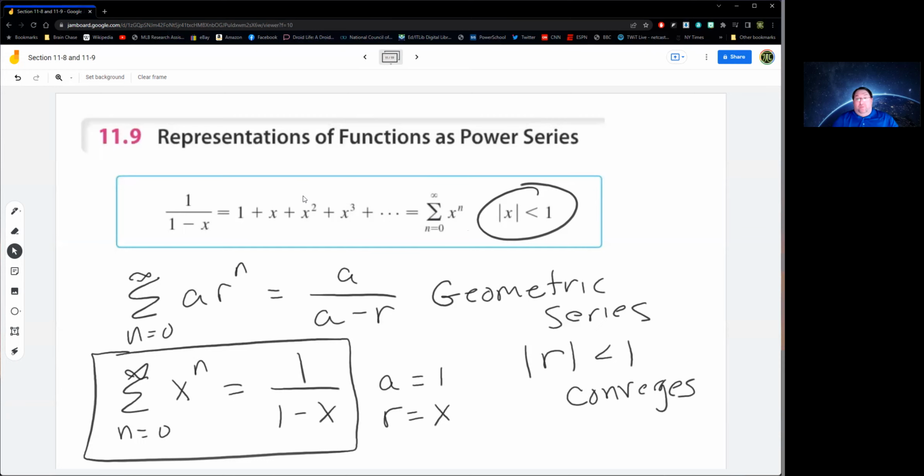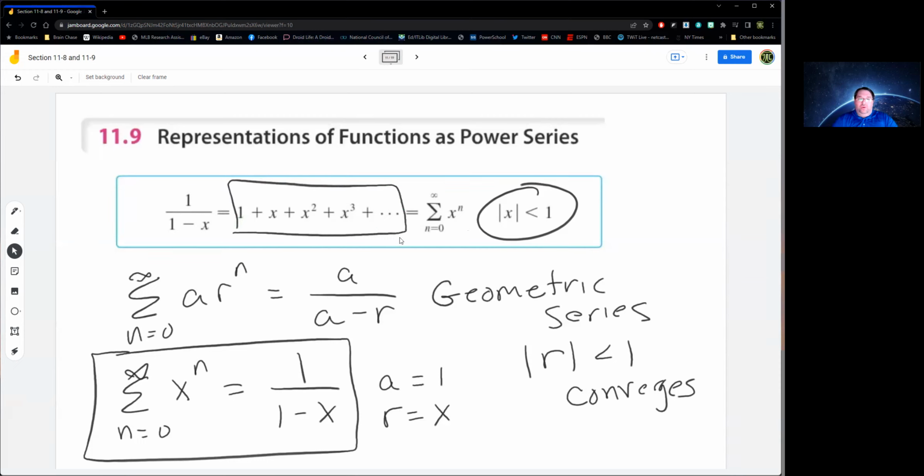But that was the entire purpose of doing the geometric series, is that it actually does converge to a very specific number. And because we know it converges to a very specific number, if you look at this piece up here, that's an infinite polynomial.